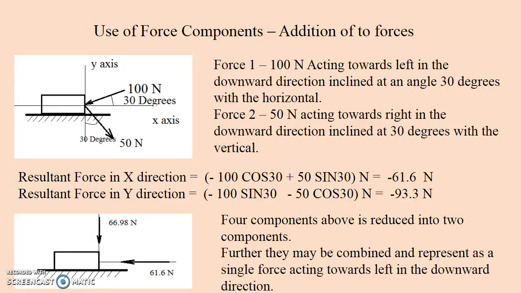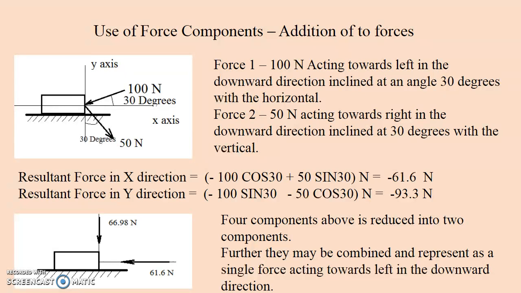So what we do is, we resolve each force into two perpendicular directions, that is x and y, as stated in the picture, so that you can add both the x components and both the y components, and again you can make these four components into a single set of forces acting mutually perpendicular to each other.